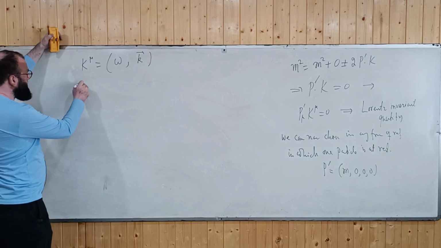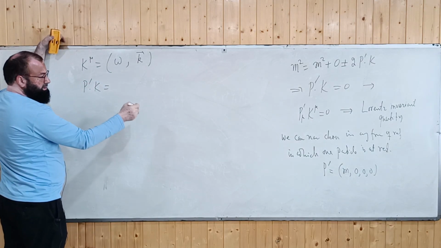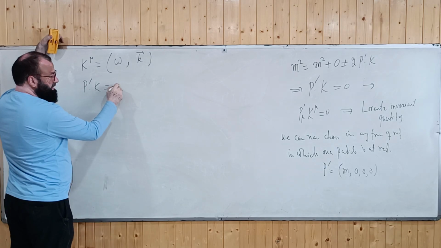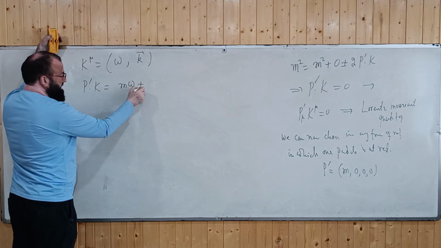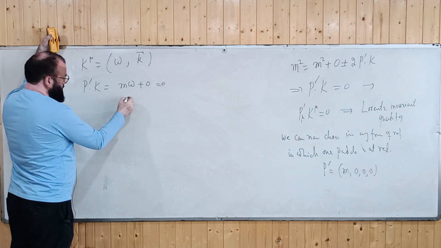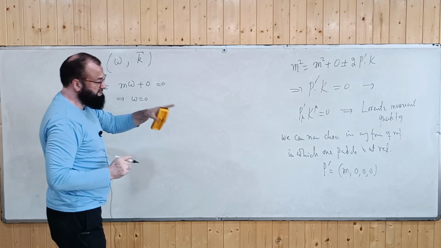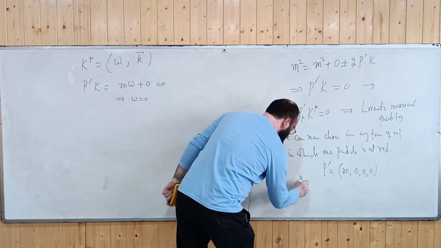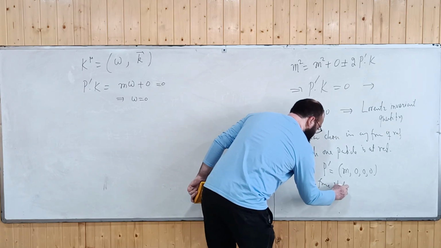So now let's look at that very condition. First tell me, if I am having p prime dot k, what will that be? It will be m omega plus 0. That has to be equal to 0, so what does it mean then? Omega has to be 0. So in this frame, the photon has to be space-like.